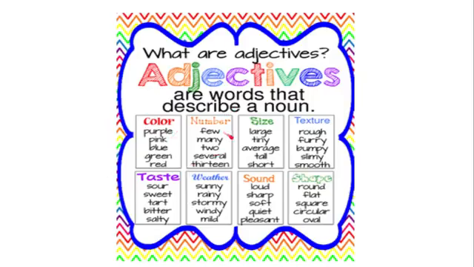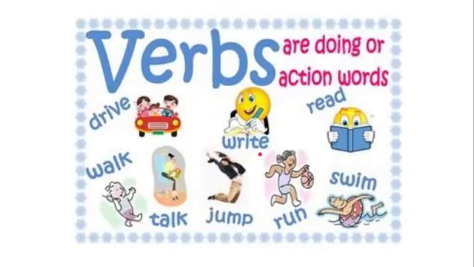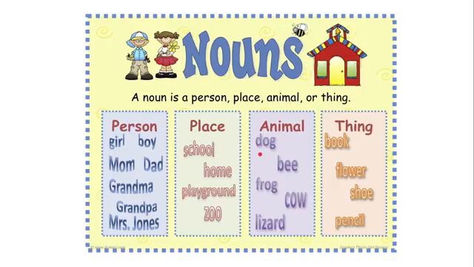Adjective may be in the form of color, number, texture, sound, shape, taste, and so on. So these are the parts of speech that we need for now: adjective, verb, and noun. Okay, my dear students.